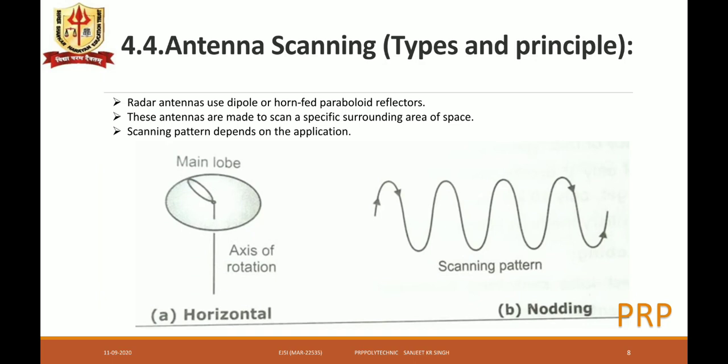These antennas are made to scan a specific surrounding area of space by rotating on their axis, as well as elevating and bringing back to the original position as they rotate. So the scanning pattern depends on the application. The first type is horizontal scanning. The second is nodding, which is also called vertical scanning.